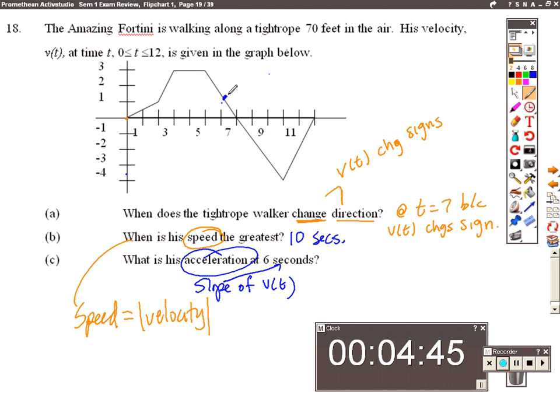Now notice that 6 seconds is on this linear segment. So all they're really asking me to calculate is the slope of that little linear segment, and it looks to me like we're rising 3 up, and we're going to go back to the left 2, so we would have 3 over -2, which is -1.5. What are our units here?